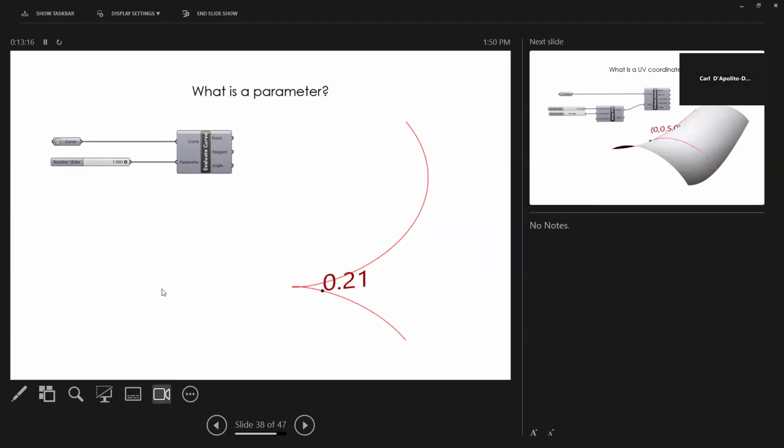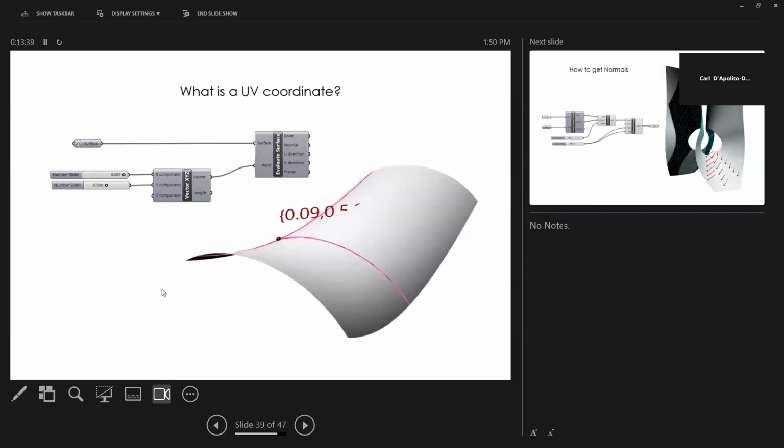Then this idea of what is a parameter. A parameter is the location, the sort of address of a point along a curve. And if you reparameterize, you get 0 to 1. And a UV coordinate, what is a UV coordinate? It's a similar thing.